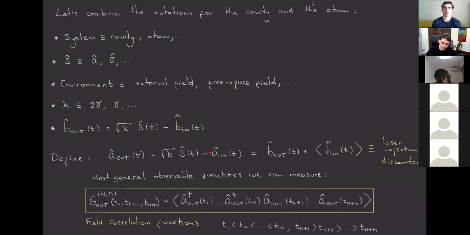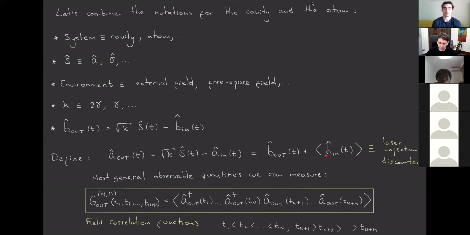We already did that in the previous chapter in the Heisenberg picture, where we defined an input operator in which we discount this coherent part. And then the relation is exactly this one between that output operator and that input operator, okay? So you will see in a second why we do this.